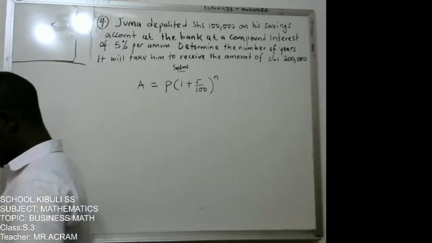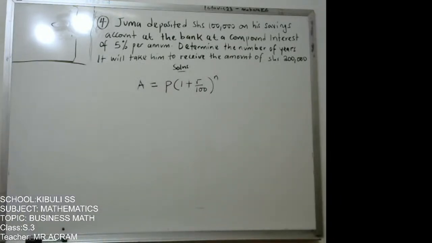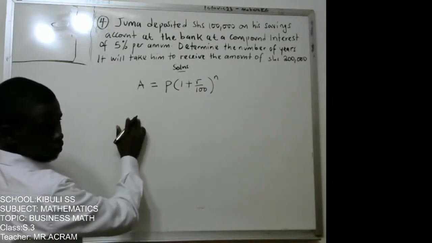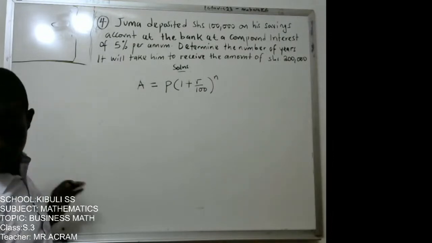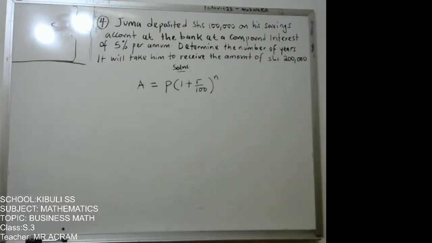What are we looking for? We are looking for n, not so? So the amount is what? Read it through the question and tell me the amount. What is the amount, you people? 200,000.